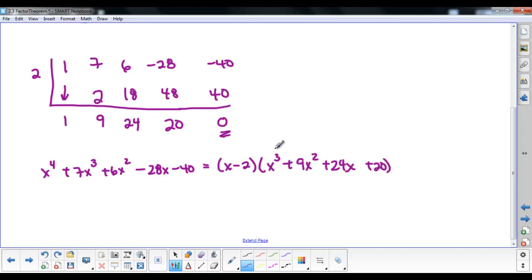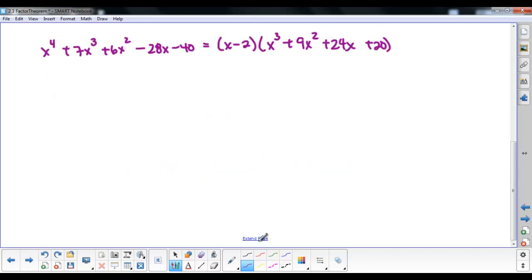Now, this term here, our cubic expression, we need to break that down even further. So unfortunately, what we're going to have to do is factor theorem all over again.